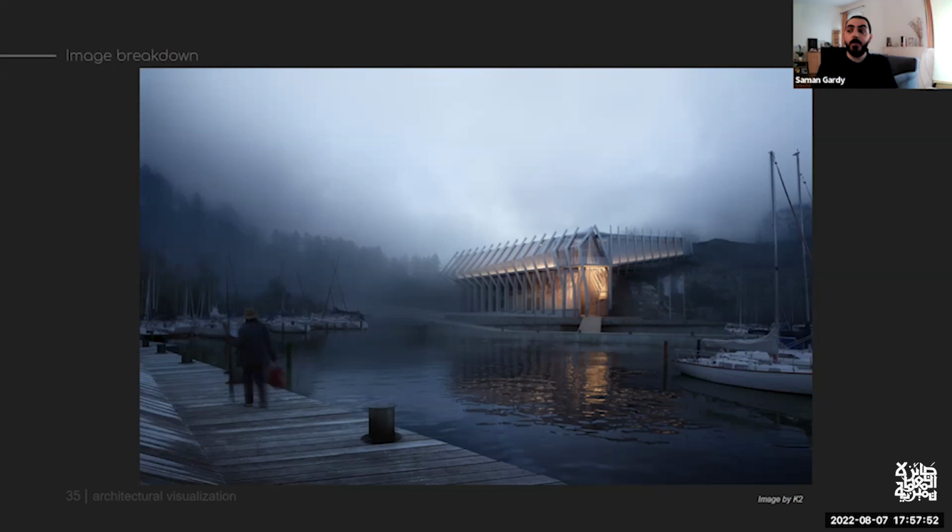If you have a crazy design, you go with the special angles. You try to find the best angle of that project.